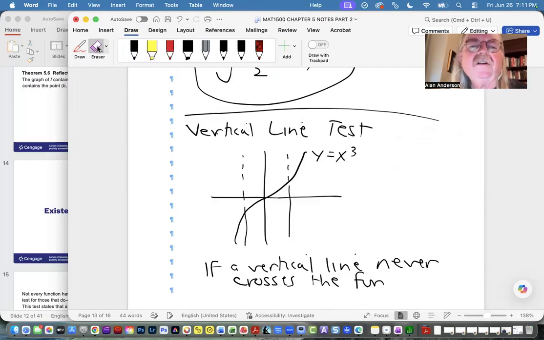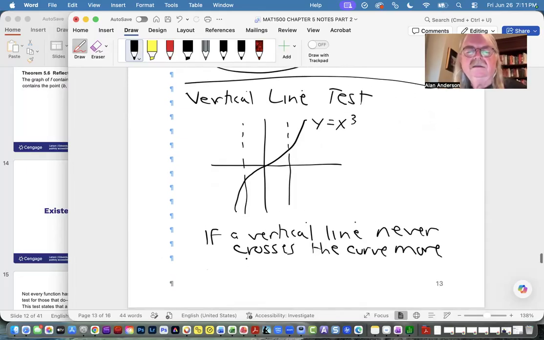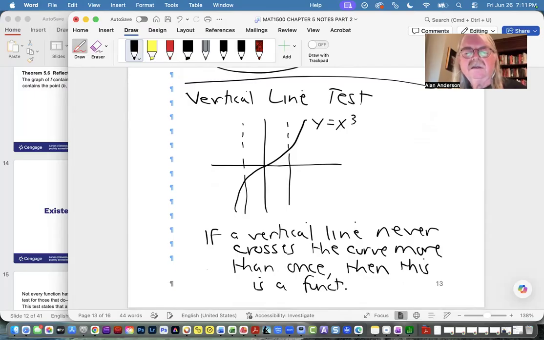Actually, I should say the curve, because we don't know yet that it's a function. If it crosses the curve more than once, then it is not a function. So as you can tell just by looking at it, if you can't draw any vertical line that crosses it more than once, then what you're seeing is the graph of a function.